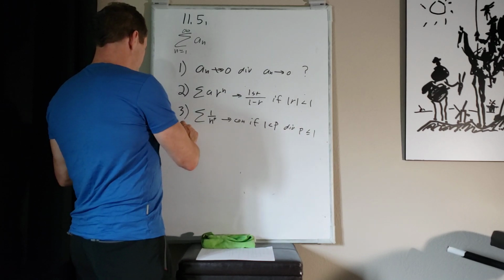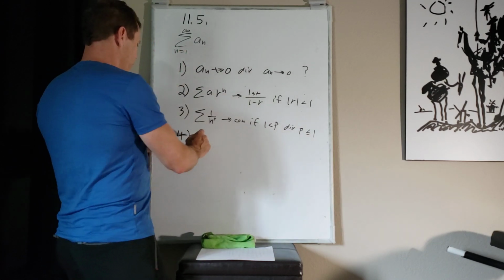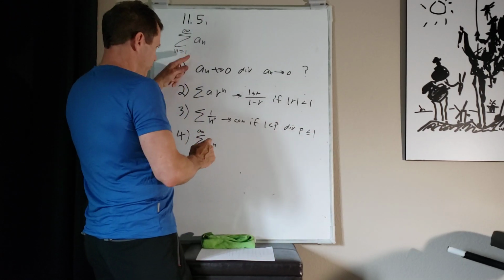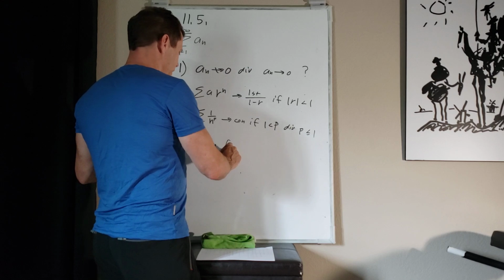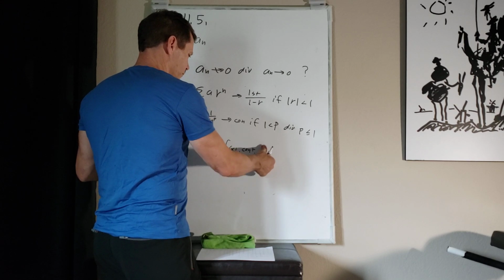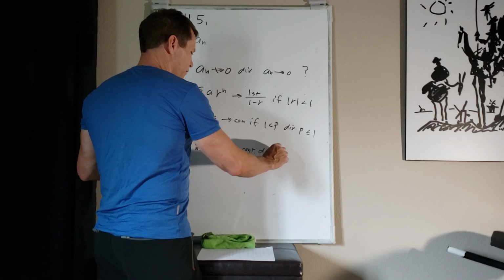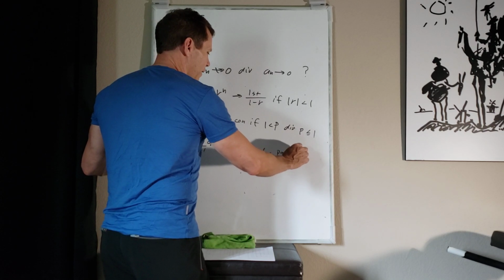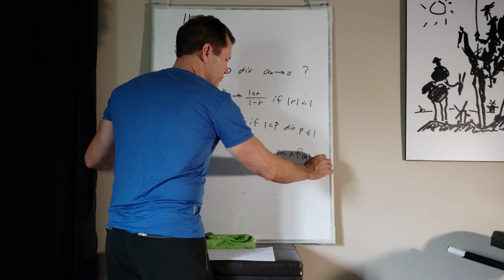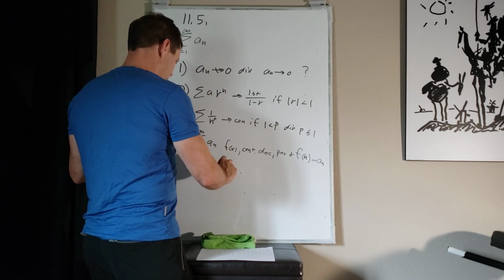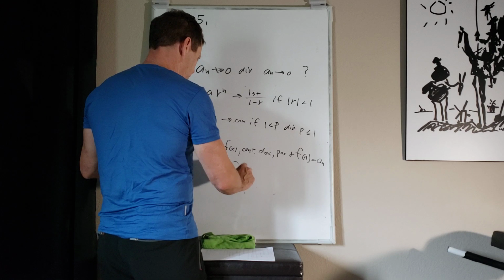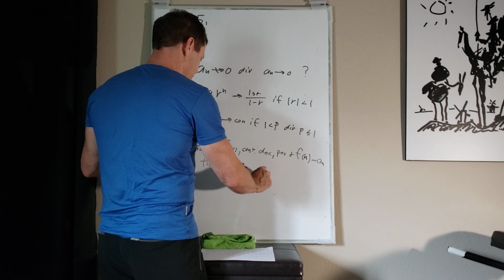Now, the fourth one is if you've got a sequence, n equals 1 to infinity of an, and you can find a function f of x that is continuous, decreasing, positive, and matches your sequence pieces at each one of the integers, then the series does exactly the same thing as the integral from 1 to infinity of f of x dx.